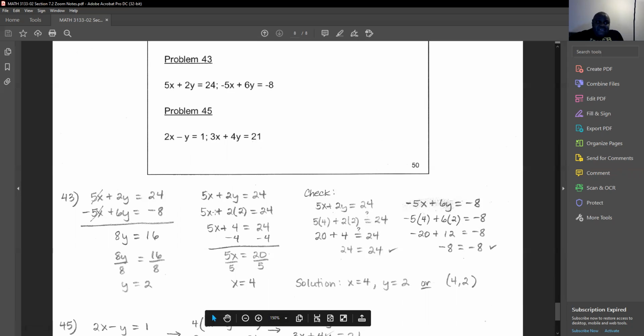So here I got 5x plus 2 times 2 equals 24. Well, 2 times 2 is 4, so I have 5x plus 4 is equal to 24. And to get 5x by itself, I subtract 4 on both sides to get 5x is equal to 20. And then to get x by itself, we divide both sides by 5 to get x is equal to 4.